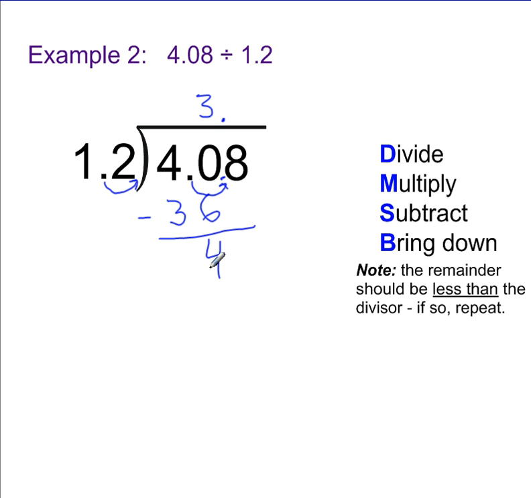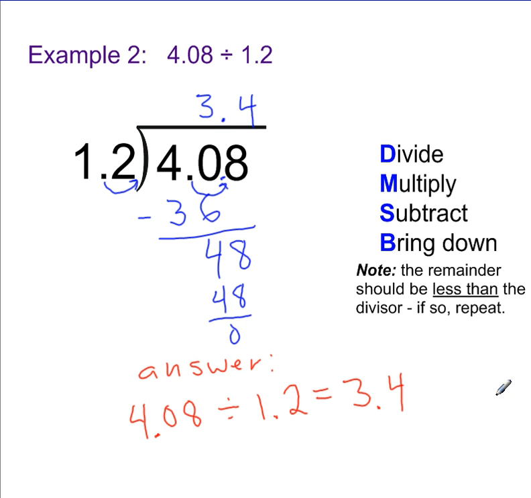Subtract, I get 4. That remainder needs to be smaller than 12. It is. And then I bring down, and now I can finish this. So we see that 4 8/100 divided by 1 2/10 is equal to 3.4, which is 3 4/10.